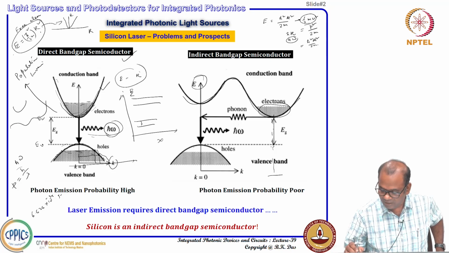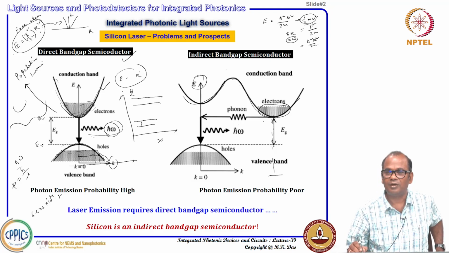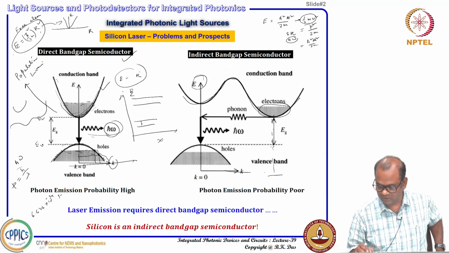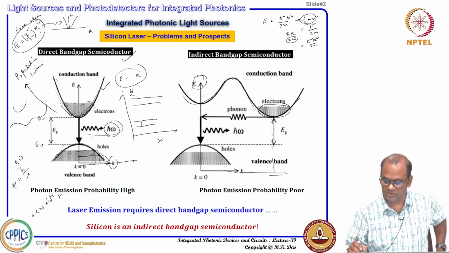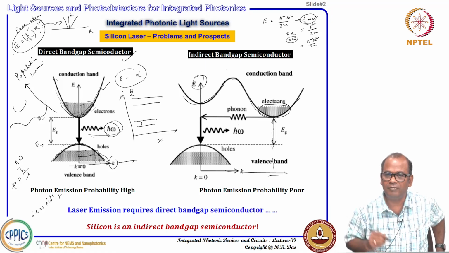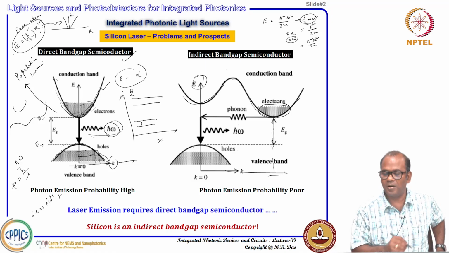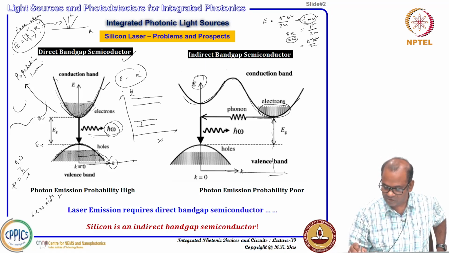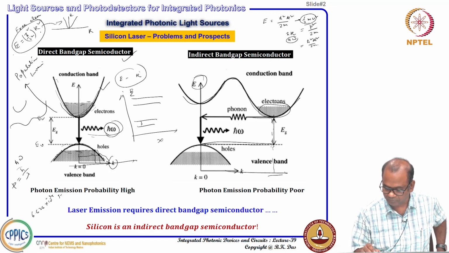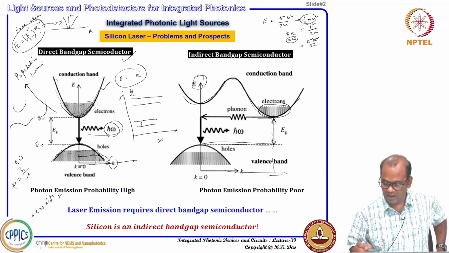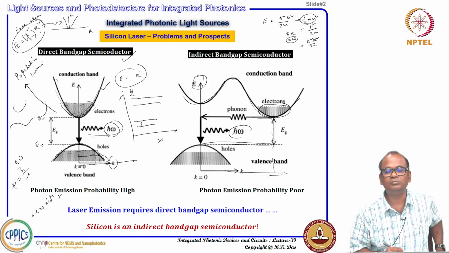That means if these electrons want to recombine, remember this is in k space, and this is true for every position, even in the depletion region where you are creating a population inversion. These electrons need to adjust the momentum by this much, and only then can they emit a photon.